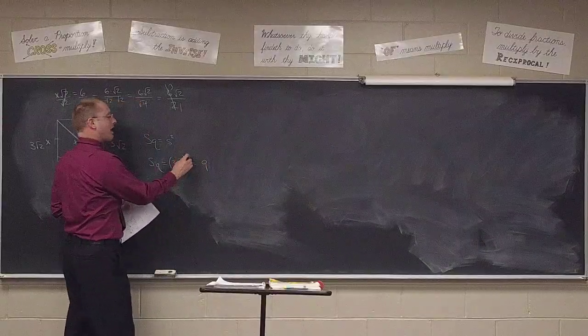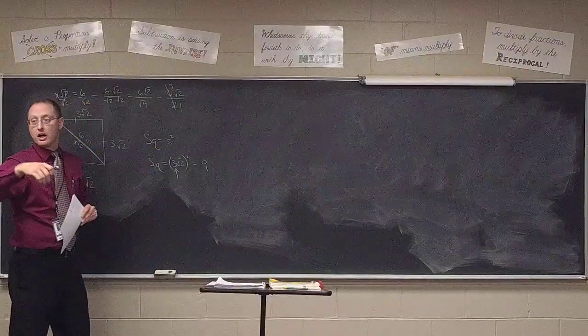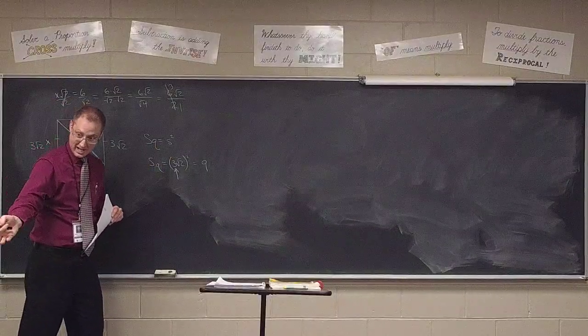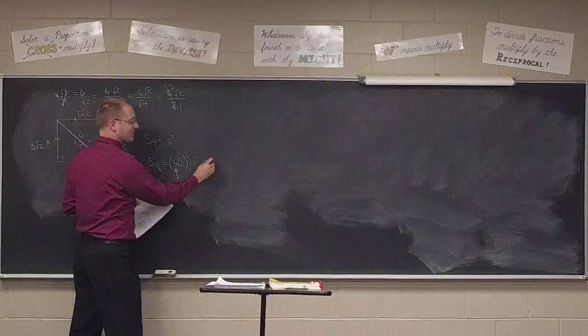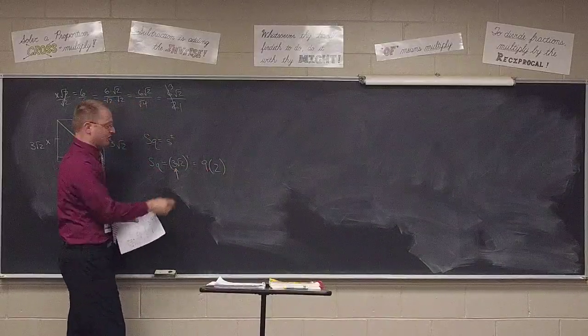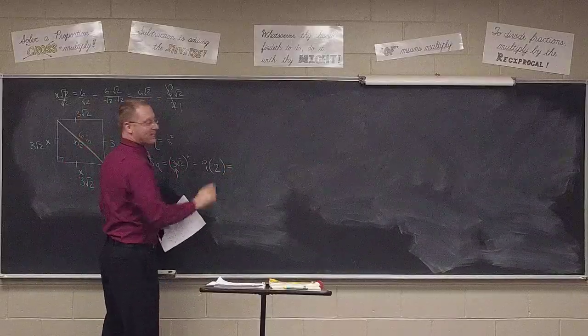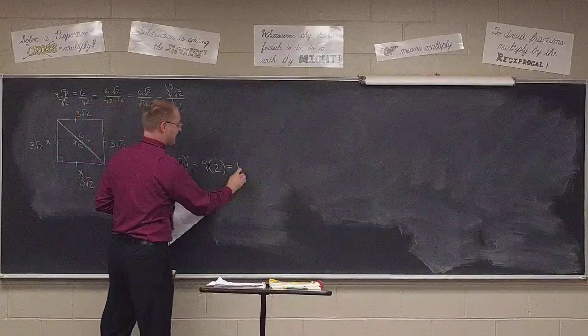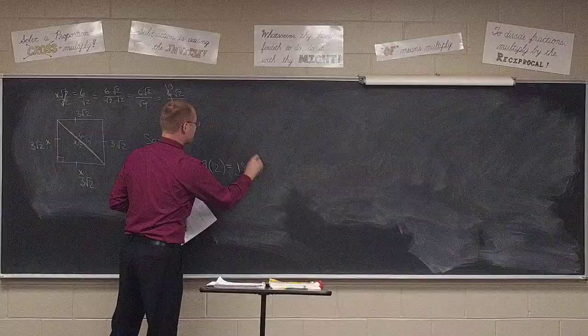And then when you square a square root, you get the radicand, which would be 2. The square and the square root cancel. And that gives you a nice easy answer of 18 inches squared.